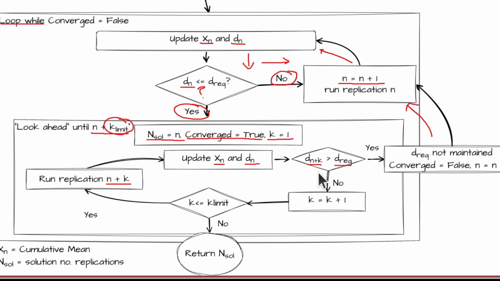If everything's still okay, we increase k by 1. We check to see, have we hit k limit? Have we run the full look-ahead period? If not, we carry on and we go round in this loop until we've run the full look-ahead period, and then we return nsol to the user.